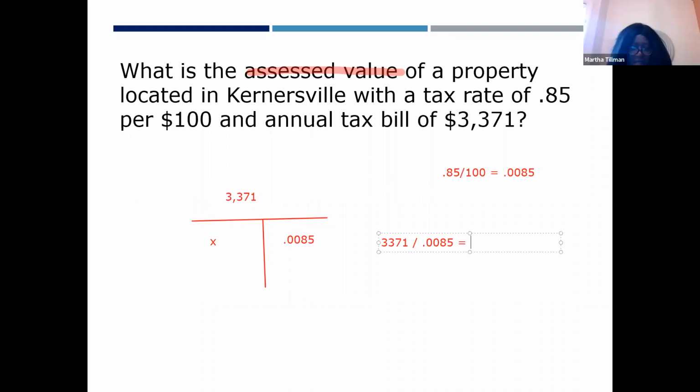I think I've got 396,588.23, which will round off to 24. Good deal. What is the assessed value of this property? $396,588.